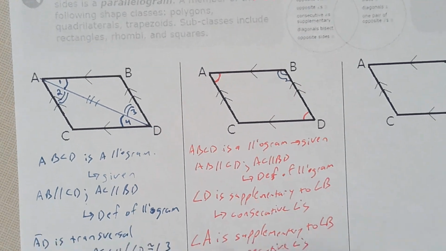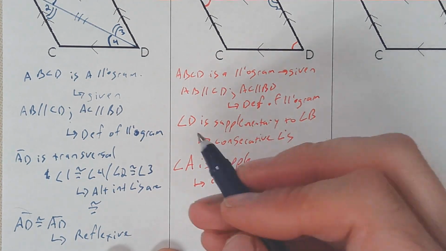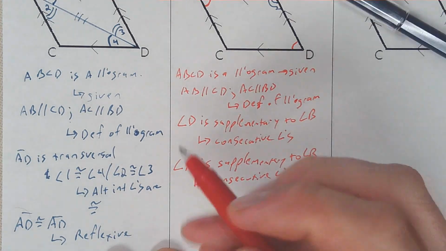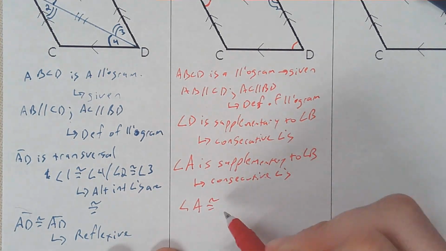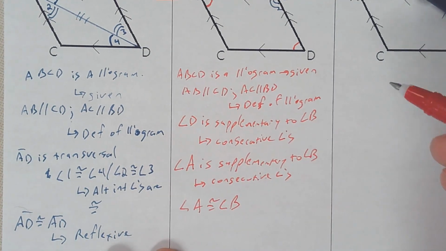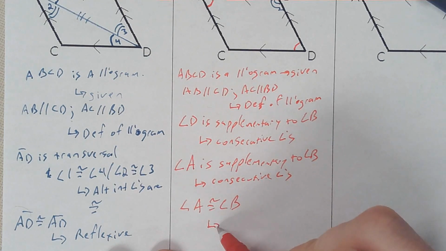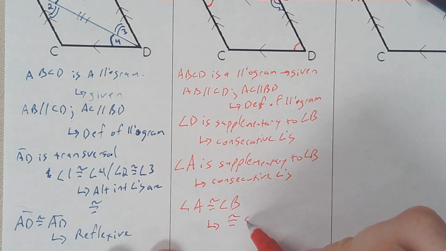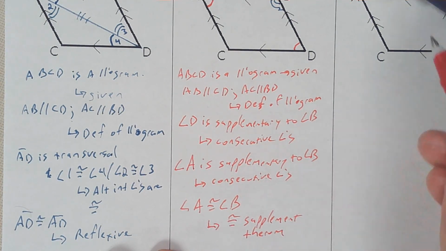Okay, so now you can say that angle A is congruent to angle B because of the congruent supplement theorem. Right?